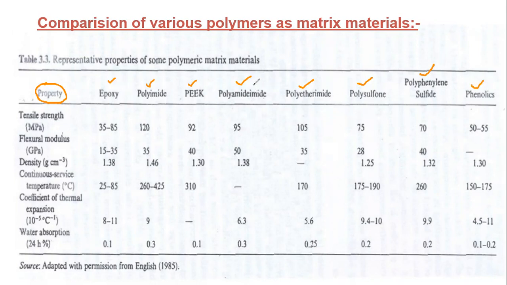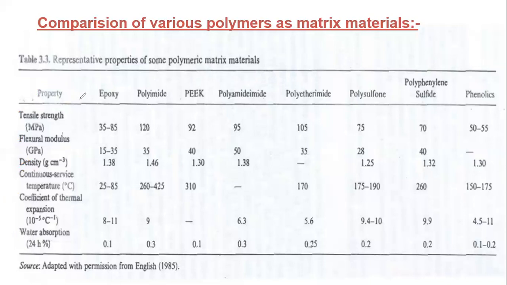Coming to the properties, we are comparing tensile strength, flexural modulus, density, continuous service temperature, coefficient of thermal expansion, and water absorption. So these are the different properties used with some of the polymer matrix composites.